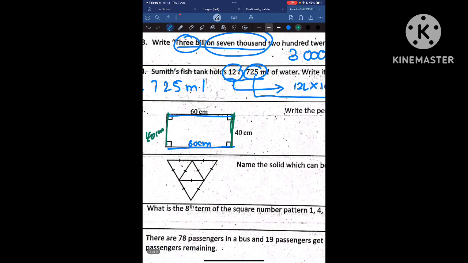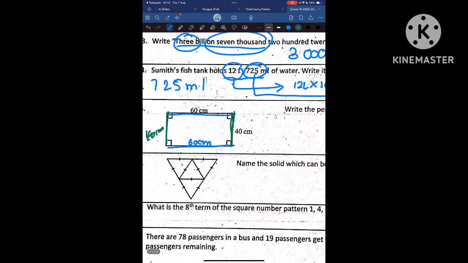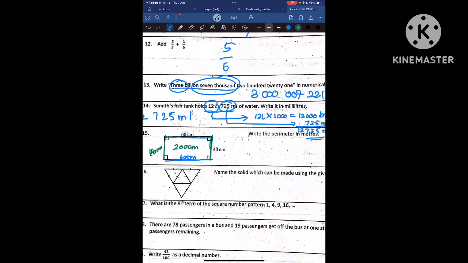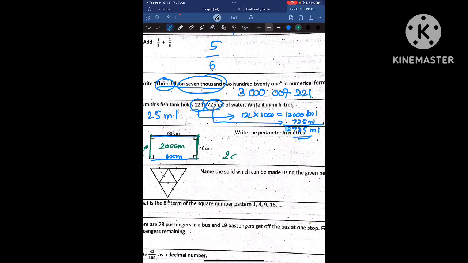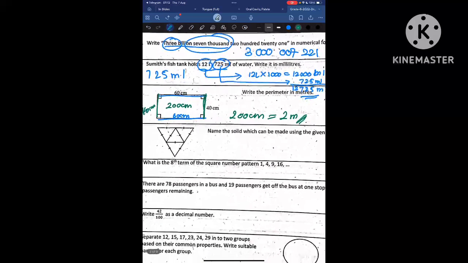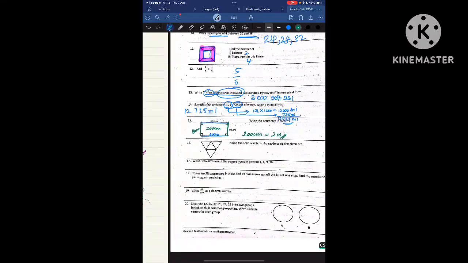Now add all. 60 and 40 means 100. 60 and 40 means 100. 100 and 100, 200. 200 centimeters is the perimeter. 200 centimeters means 2 meters. If you don't write in 2 meters, you will not get the mark.